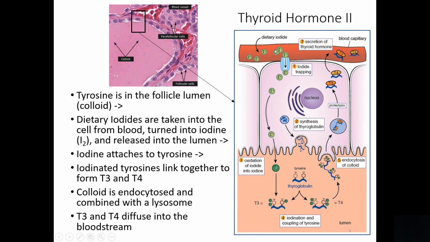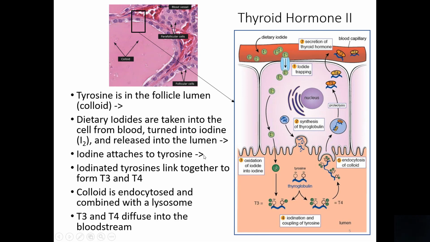We receive iodide with food, and it's carried by the blood. So follicular cells take that iodide and turn it into molecules of iodine. Here it is, and release that iodine into the colloid. What happens next?